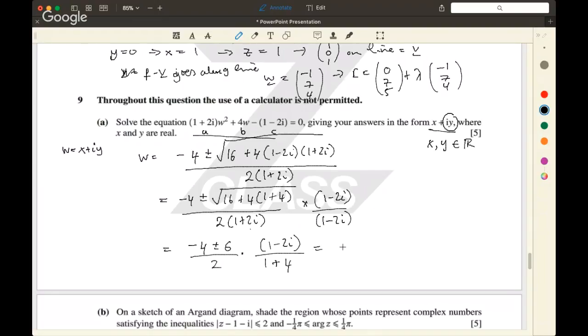And this is minus 2 plus or minus 3 over 5 times 1 minus 2i. And if you work this out, this is going to either be equal to 1/5 minus 2/5 i, or the other solution is minus 1 plus 2i. And then we have it. That's them in the correct form.